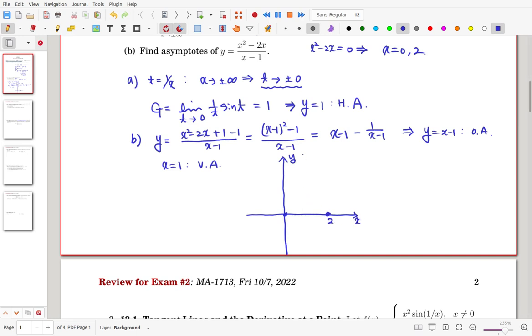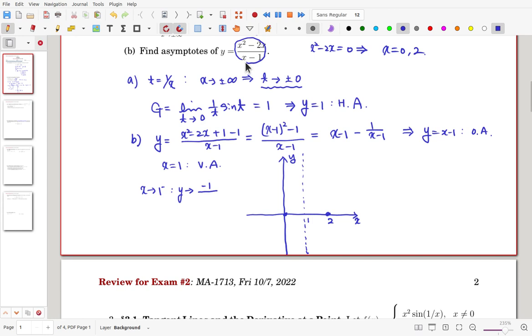And when x equals 1, the function value becomes infinity. Here we have 1. Now, x is approaching 1 from the left. The numerator approaches 1 squared minus 2, which is minus 1.